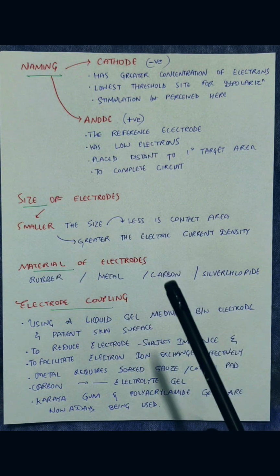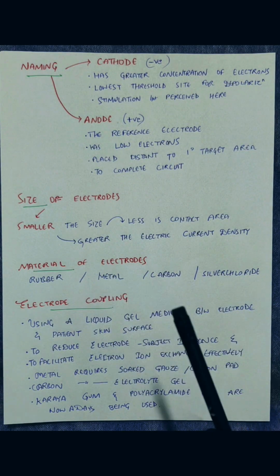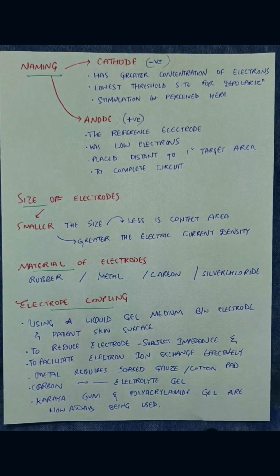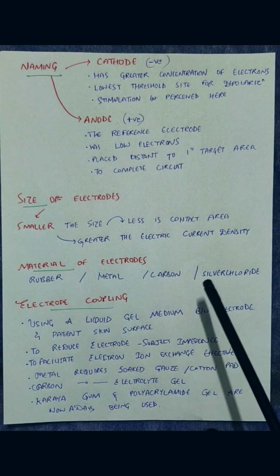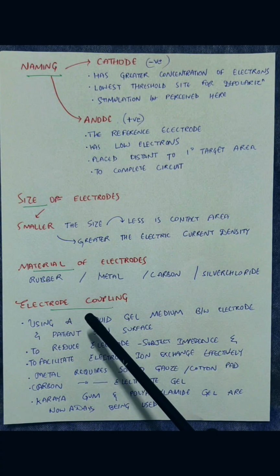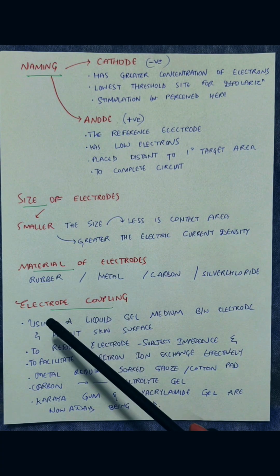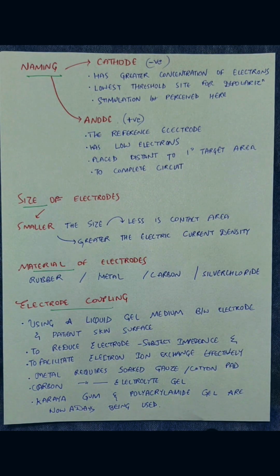Regarding the size of electrodes, the smaller the size, the less is the contact area and the greater is the electric current density. Materials of electrodes used are rubber, metal, carbon, silver chloride. There is something that needs to be done to operate NMES, that is electrode coupling. We need to use a liquid gel medium between the electrode and the patient's skin surface. Why?